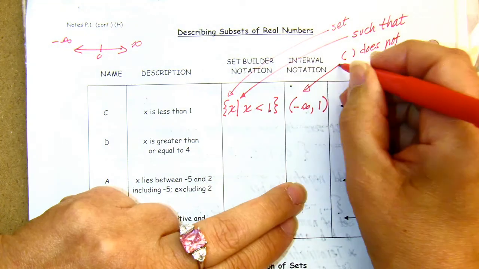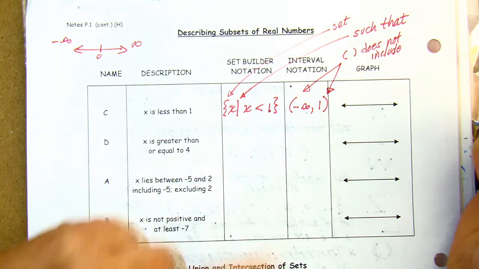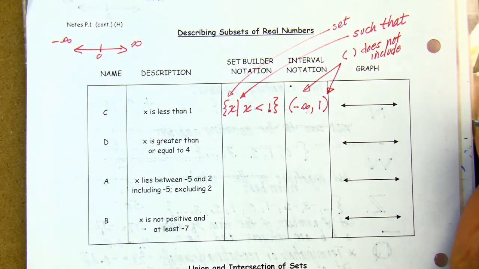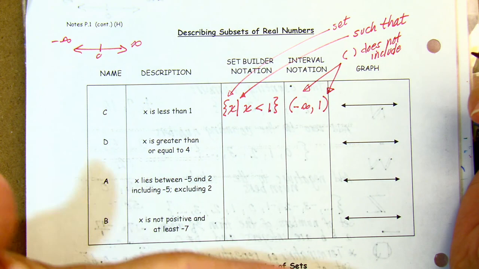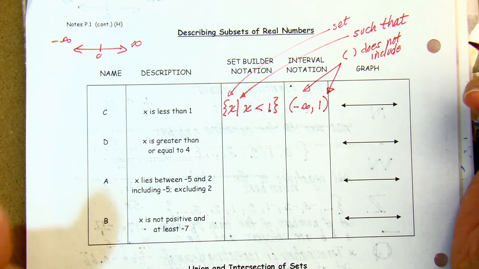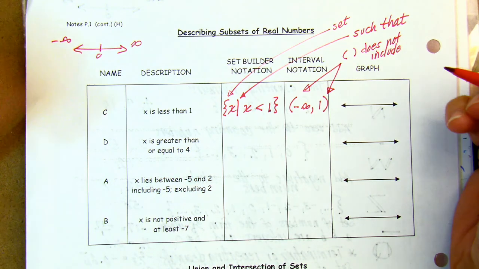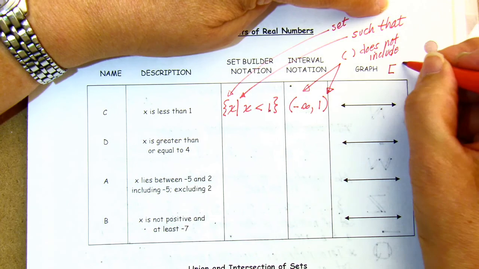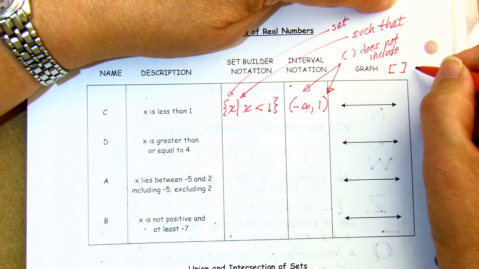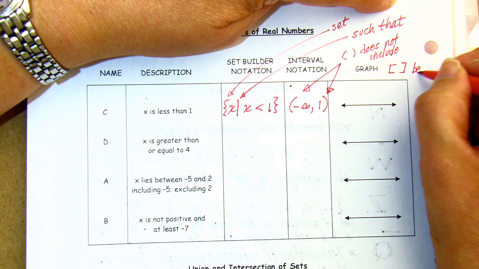So I'm using parentheses to say it doesn't include. We can never bracket infinity, by the way. Okay, infinity is not a number, so we're not including infinity in the set. We're just saying that these numbers don't stop. And then when you use brackets, it means included or it belongs to the set.